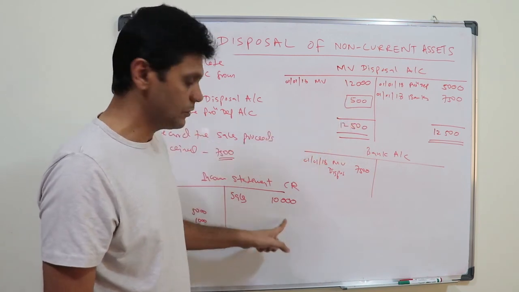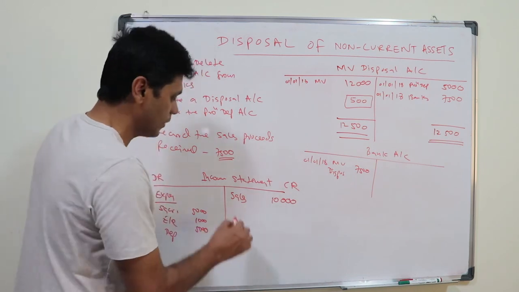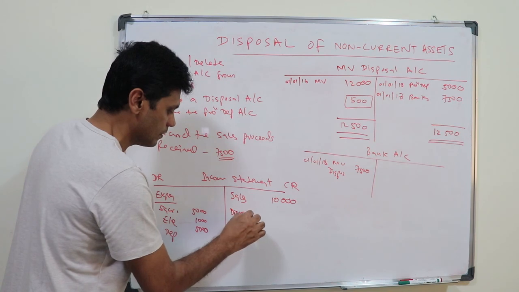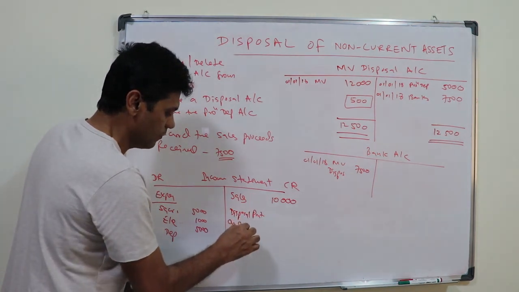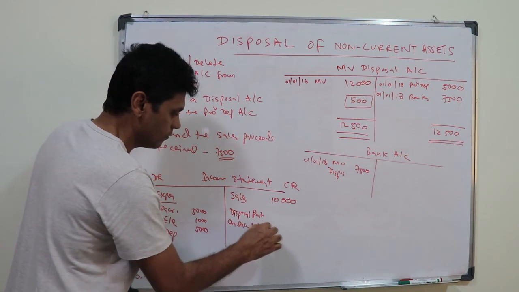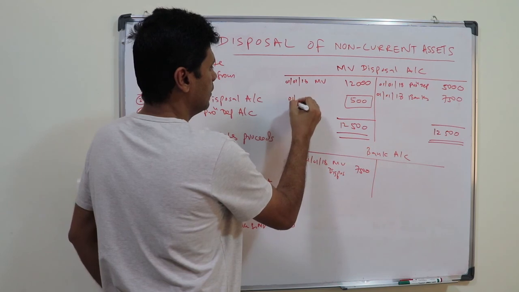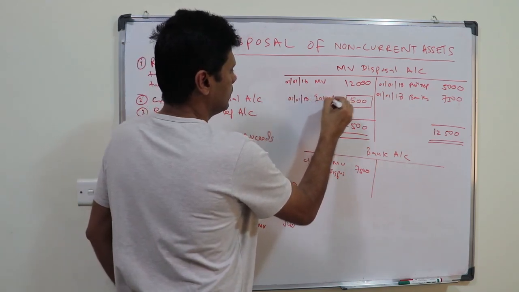This will be transferred to the income statement. So here you can say disposal profit on sale of motor vehicle 500. So this is transferred where? To the income statement.